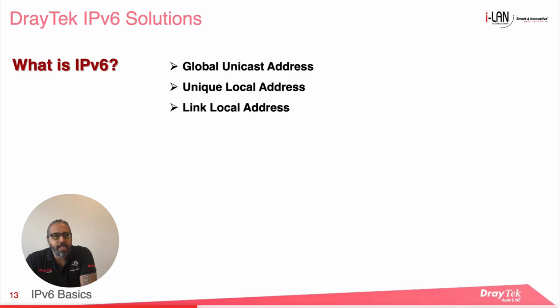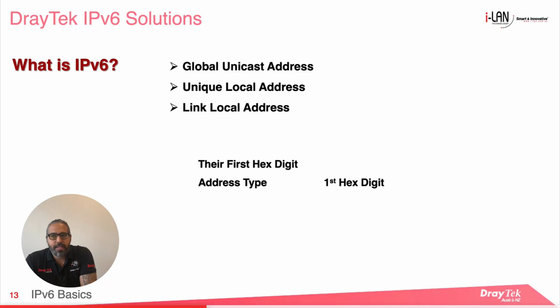And link local addresses are IPv6 addresses that are valid only for communication within a network segment. Link local works like APIPA, that's automatic private IP addressing, that's used by Microsoft Windows, for example 169.254.224.212.